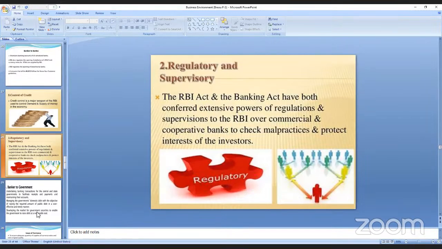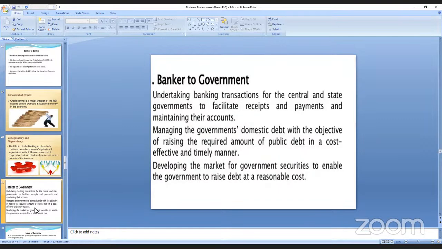Next one is banker to the government. Just now I showed it in the flow chart. As banker to the government, the RBI undertakes the banking transactions for the state and central governments, always facilitating the receipts and payments and maintaining their accounts.